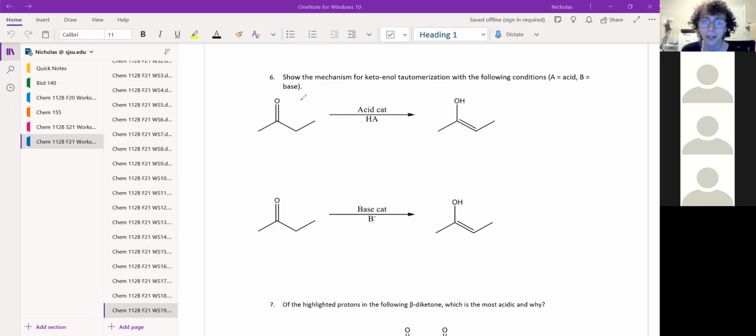But we can do something to the structure so we can end up forming a double bond here to stabilize something else. What do we typically do? It's going to be the same thing we normally do with acid catalysts when we have carbonyls. It's going to protonate the carbonyl oxygen.